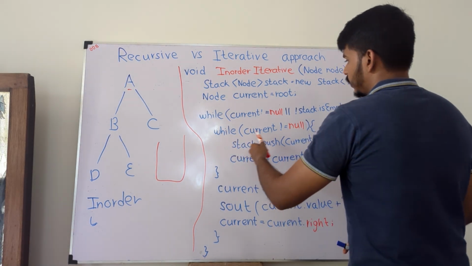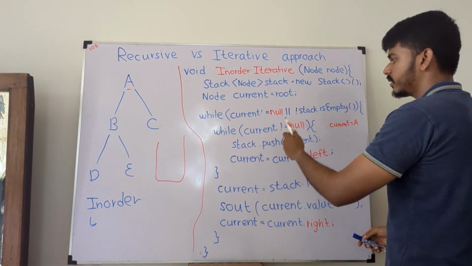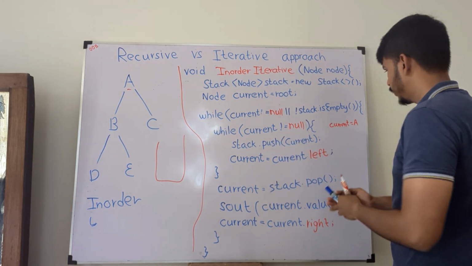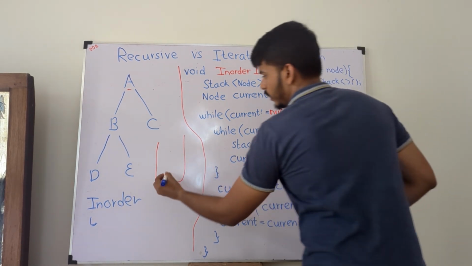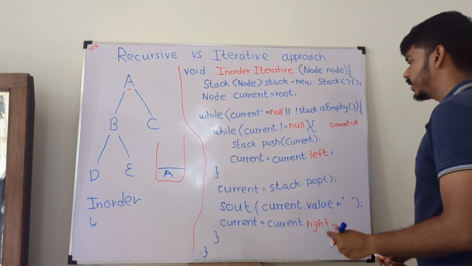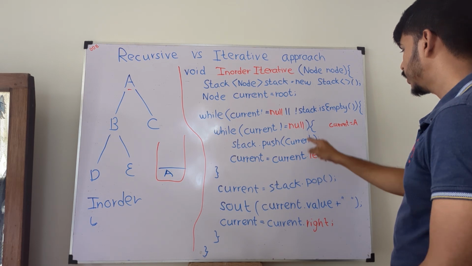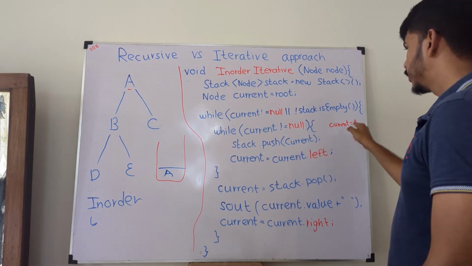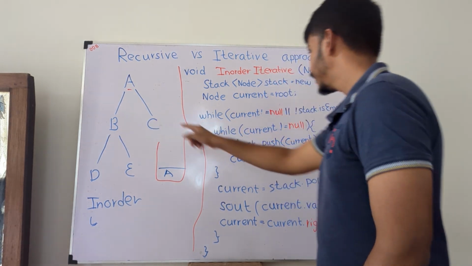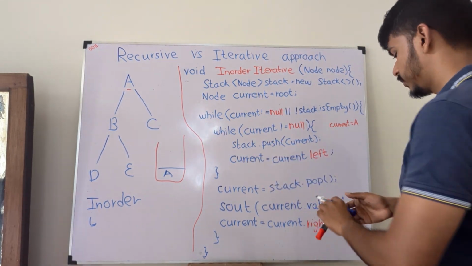Here, while current not equals null, current is not null, therefore it is going to push the current value, which is A, into the stack. Then we are going to move to the current value's left child. So right now, current dot left, which is B, is going to be the new current value.